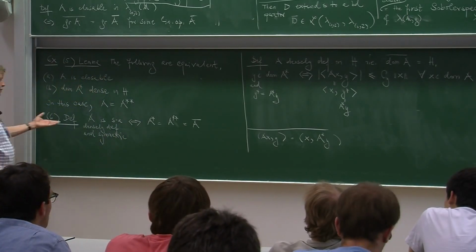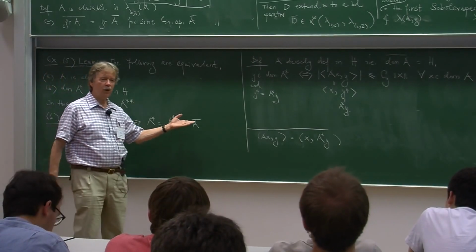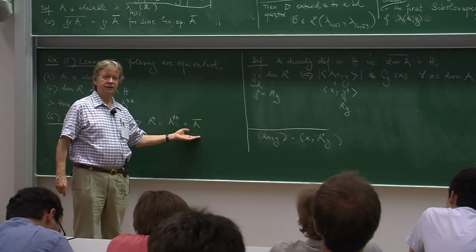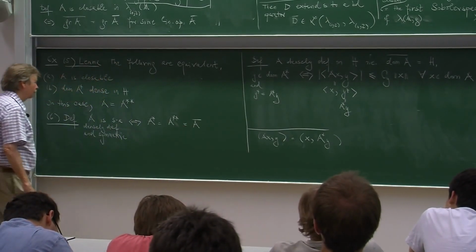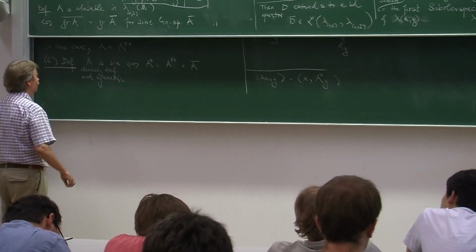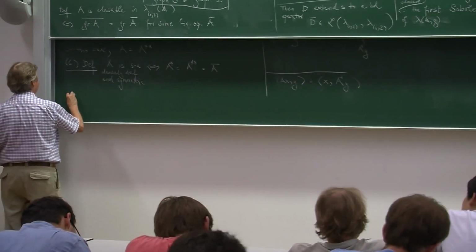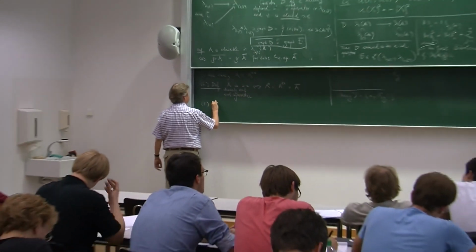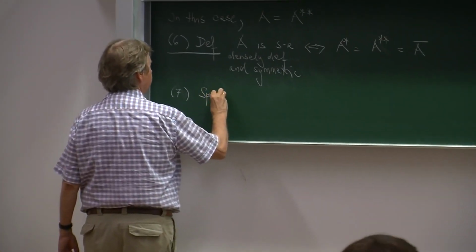And then there's the famous spectral theorem, which applies only to such operators and gives you a representation, which we will not use, therefore I write it without further explanation. Spectral theorem.